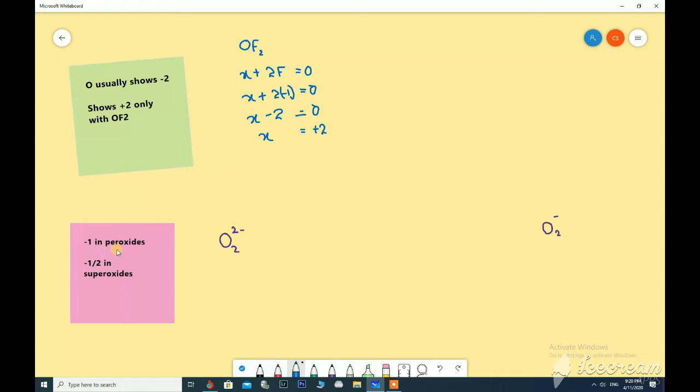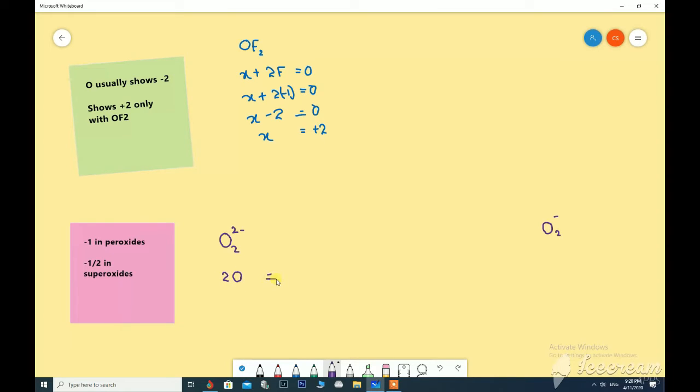Oxygen is -1 in peroxides and -1/2 in superoxides. Okay, let's see. In the peroxide ion, oxygen shows -1. Let's see what the reason is. Here you can see there are 2 oxygen atoms.